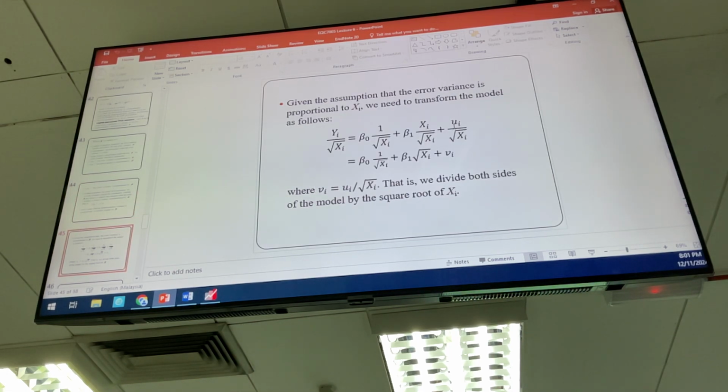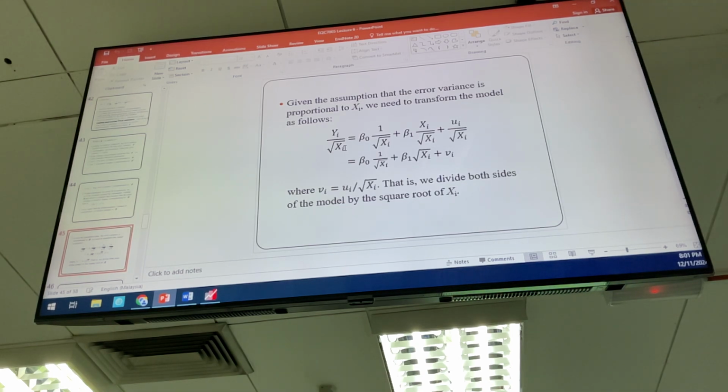So if we know that it is proportional to x, we have to divide the equation by the square root of x, the one that produces the problem.